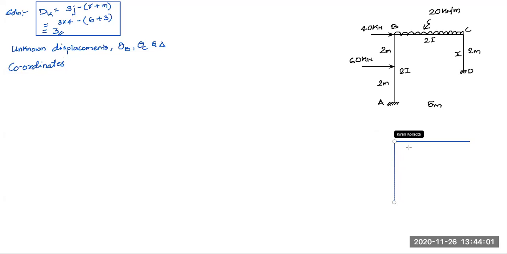Right, so this is the frame that I have. Now I have to give the coordinates. Here we have the support, and at this point also I have a support.